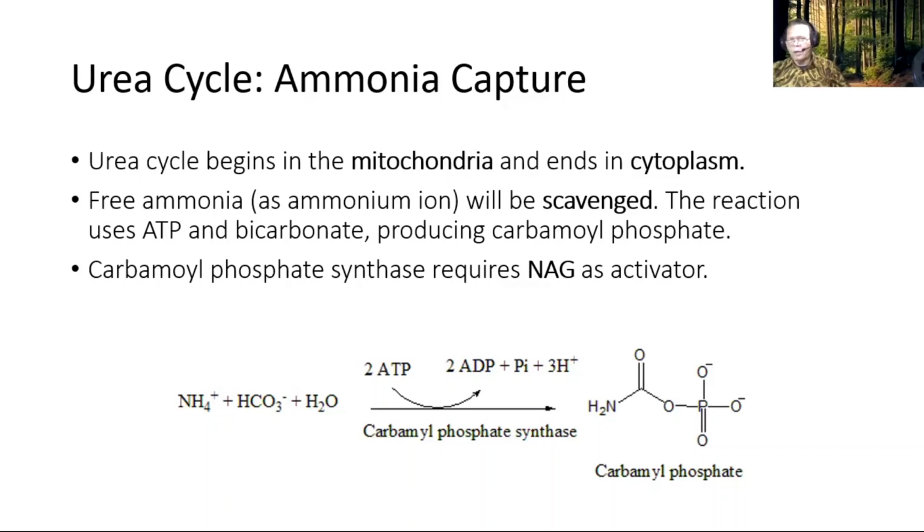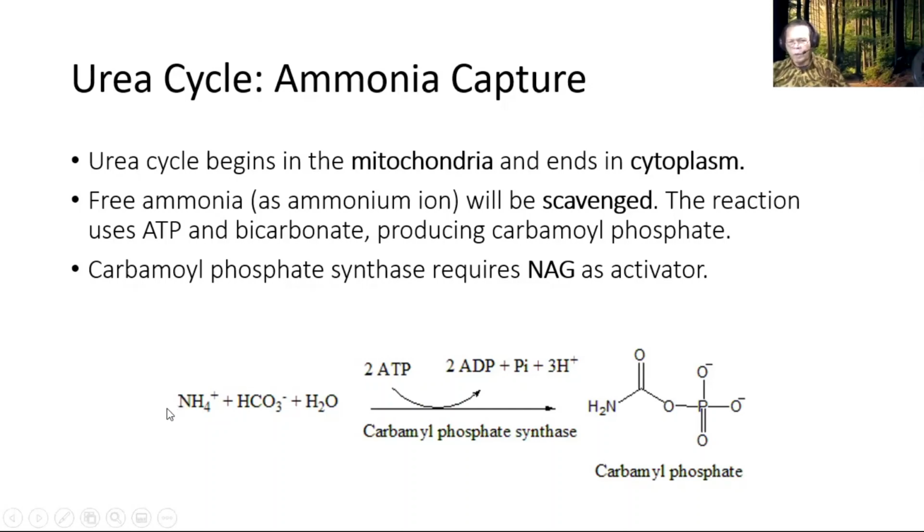The reaction uses ATP and bicarbonate, producing carbamoyl phosphate. Carbamoyl phosphate synthesis requires energy as an activator. Let's see this equation.